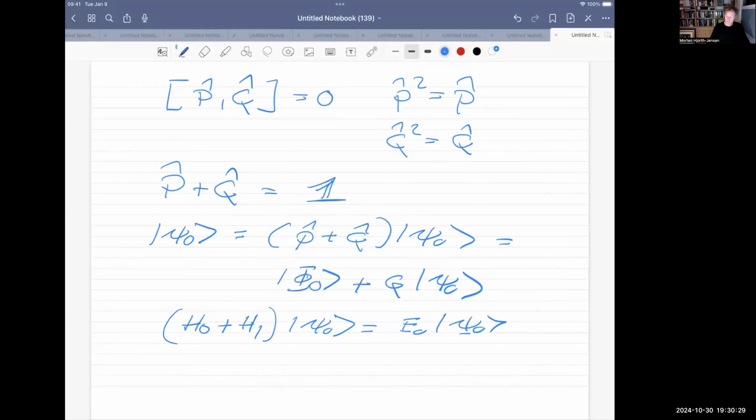So this equation, which you see here, is something which I now can rewrite in the following way. So I'm just reshuffling some terms. I'm going to have an omega minus H0 acting on psi 0. And this is going to be equal to the same term omega, so I'm just adding and subtracting, minus E0 plus HI acting on psi 0.